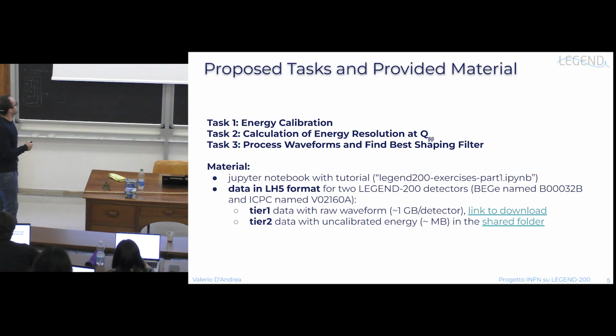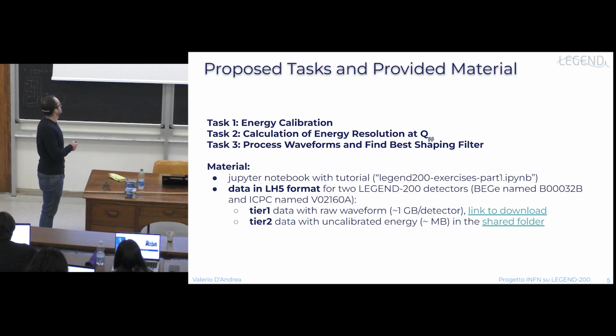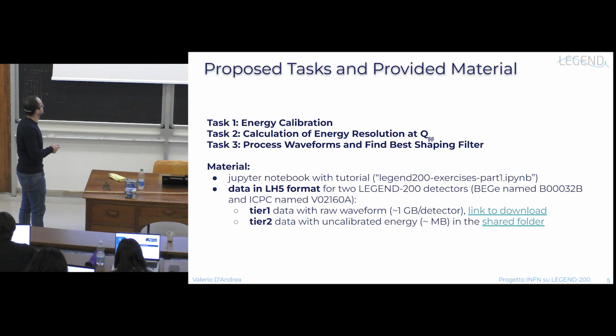To let you understand why it is so small: for each event in tier 1 you have the entire signal, so many points, while for tier 2, for each event you have 1 value. I think it's quite easy to understand why this file is so small. You have in total around 300,000 to 400,000 events.